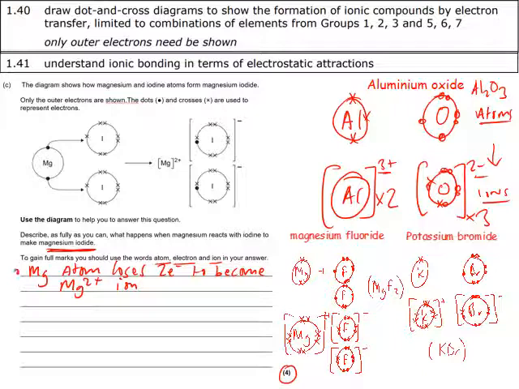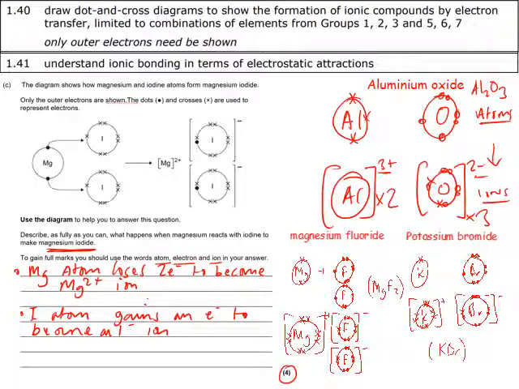Let's do the same for iodine. So an iodine atom gains an electron to become an iodide ion.